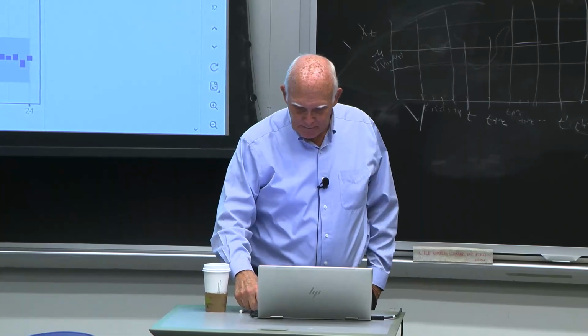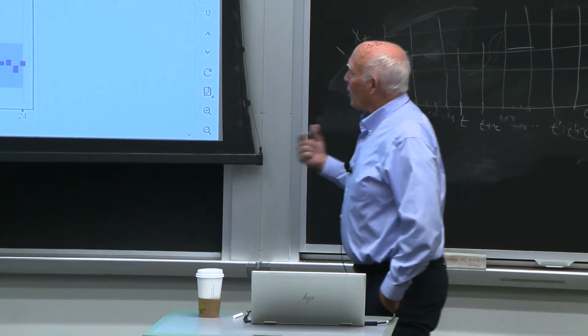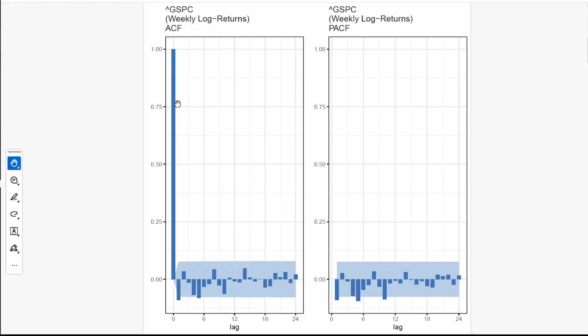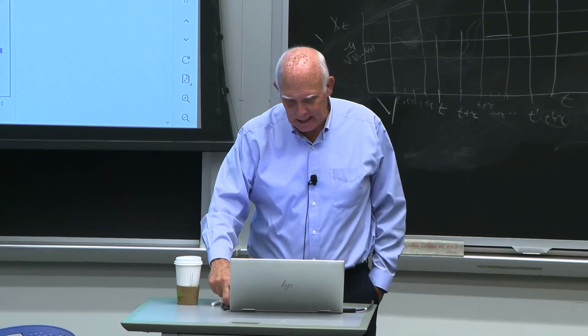Also on these graphs are partial autocorrelations, which we'll discuss later. But partial autocorrelations are correlations at a given lag after accommodating the dependence on lower order lags. We'll see how that works out in the case study later.